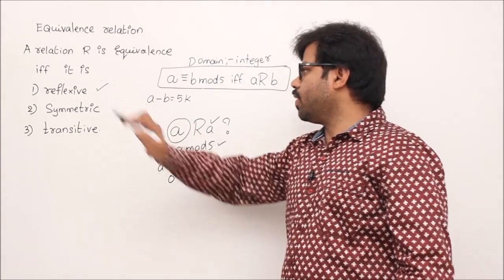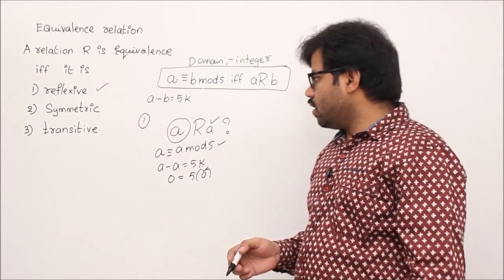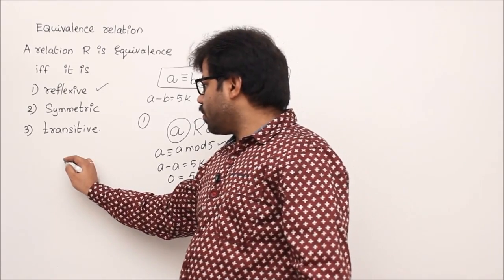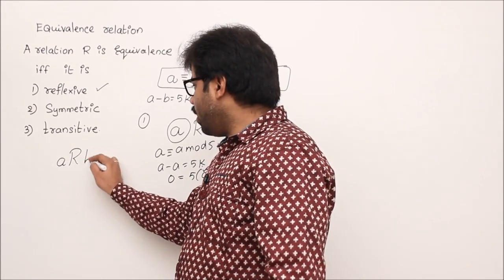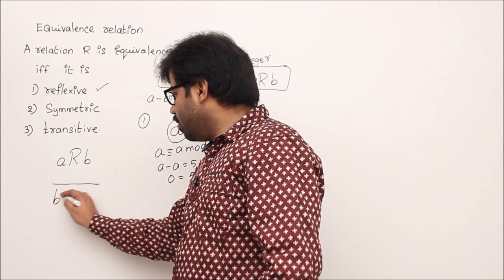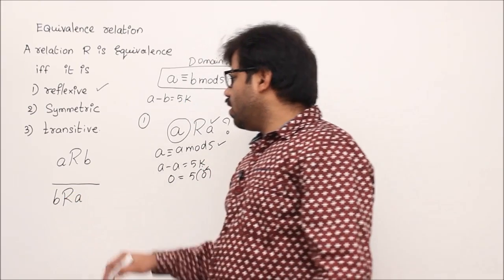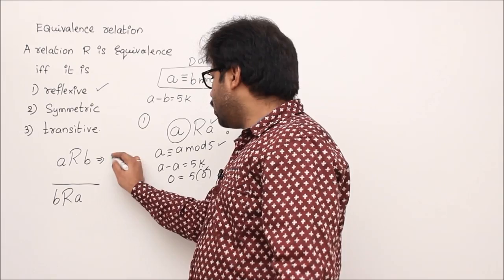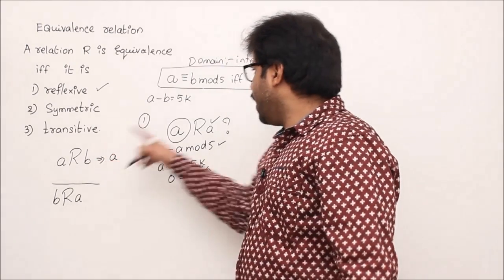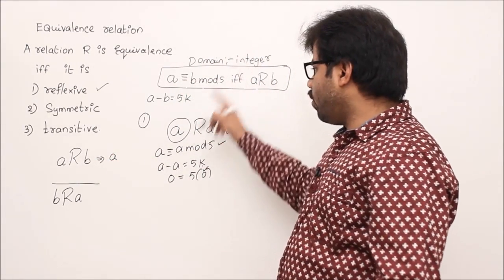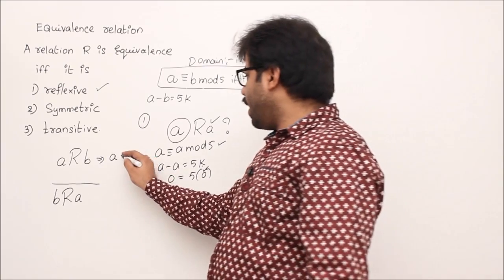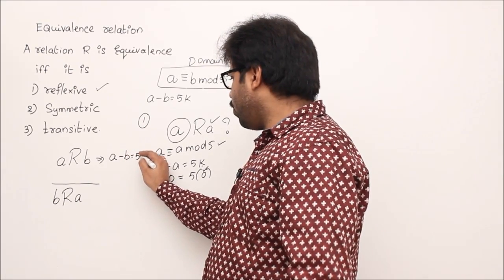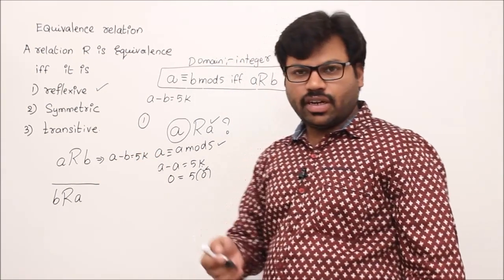Let's mark it. Second, the symmetric property. So how to check the symmetric property? Whenever A is related to B, we have to ensure that B is related to A. Let's take A is related to B as true. Then A is congruent to B modulo 5, so automatically you will get A minus B equal to 5 into K. We know that, right?